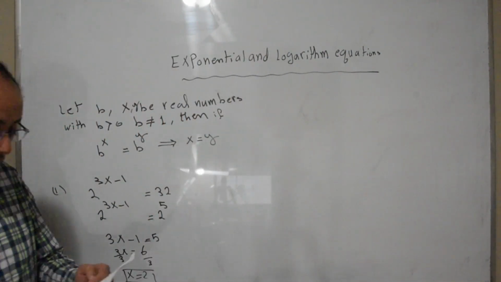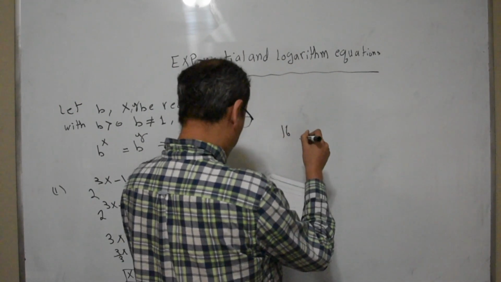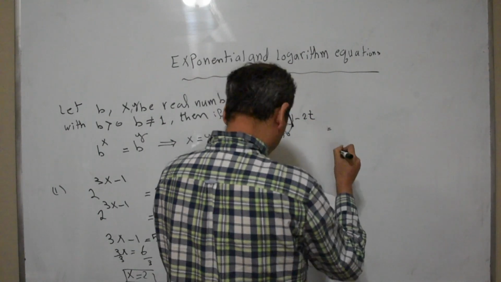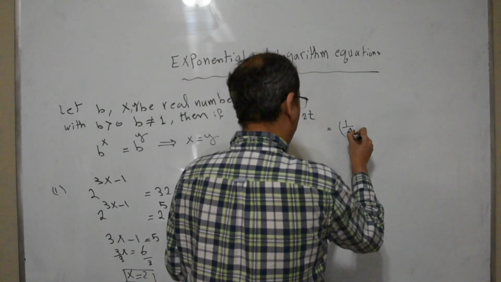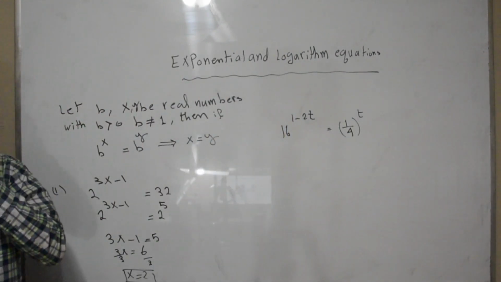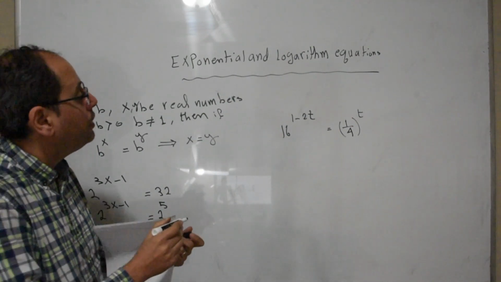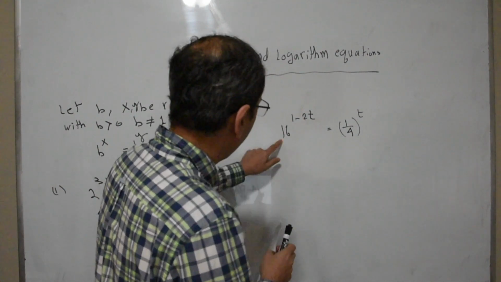Okay, one more example. 16 to the 1 minus 2t equals 1/4 to the t. Here none of the bases are the same, 1/4 and 16.